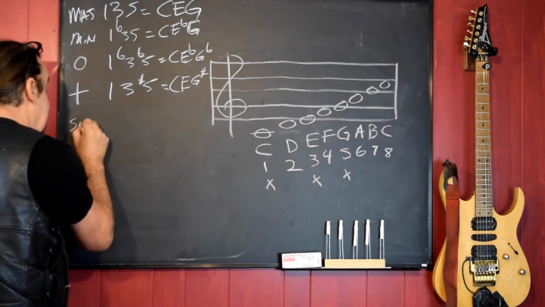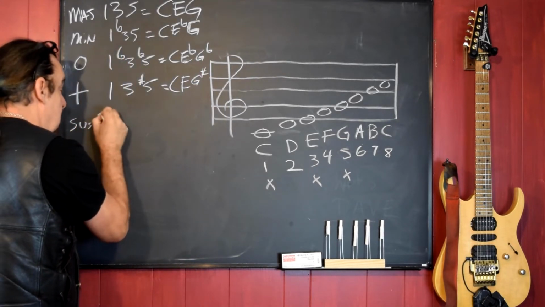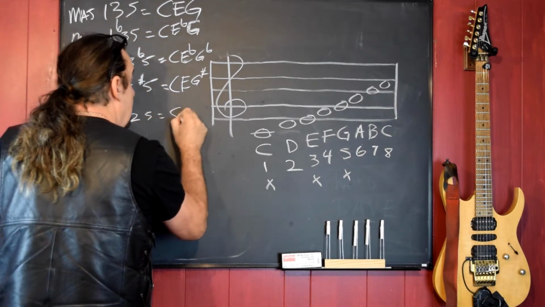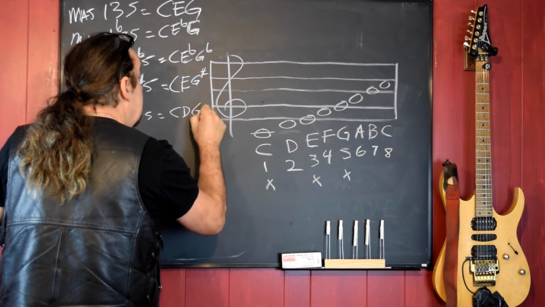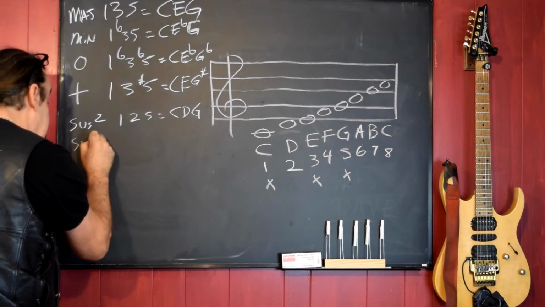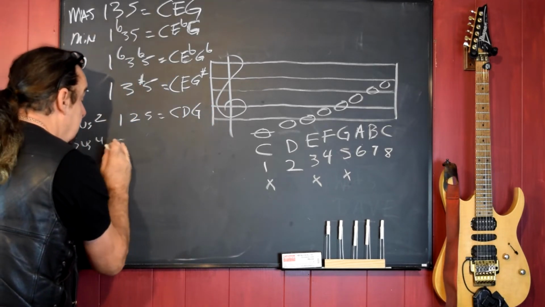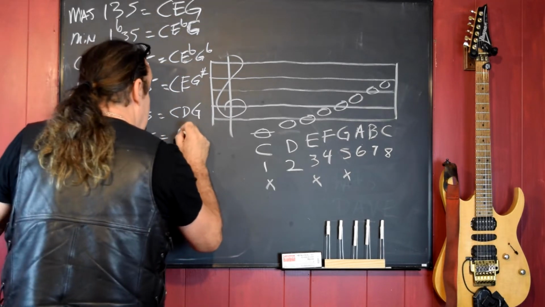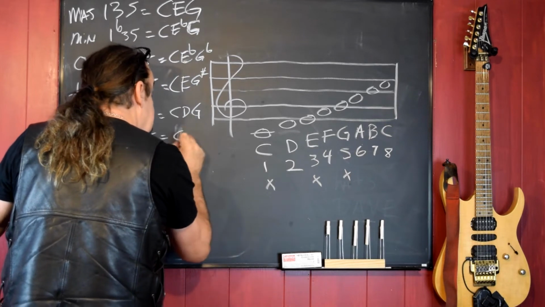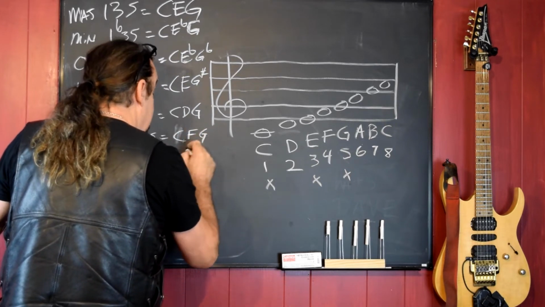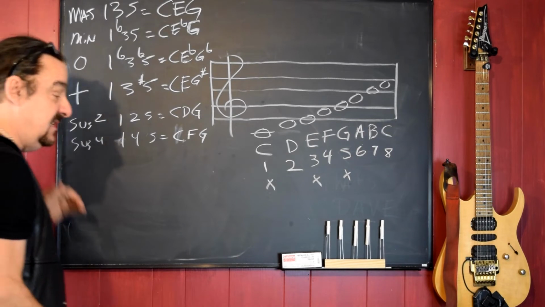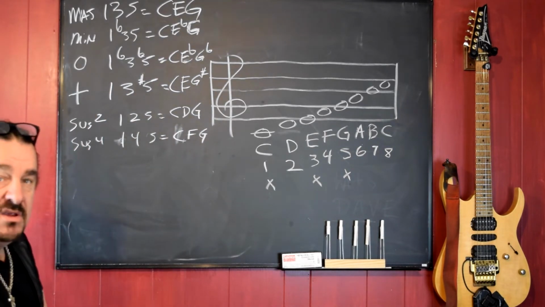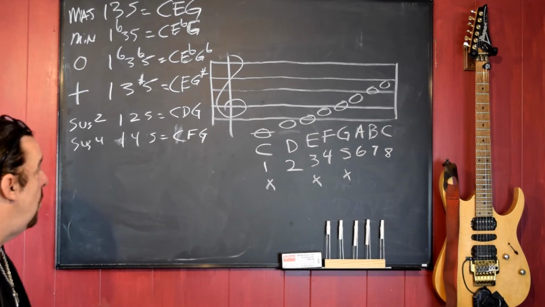Last but not least, sus2 is 1, 2, and 5, otherwise known as C, D, and G, and then sus4, which is 1, 4, and 5, C, F, and G.